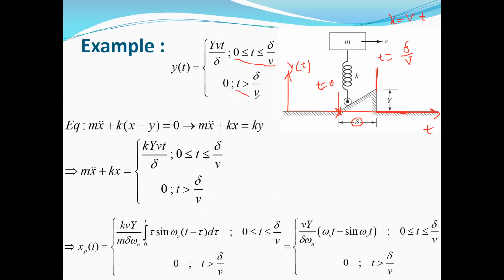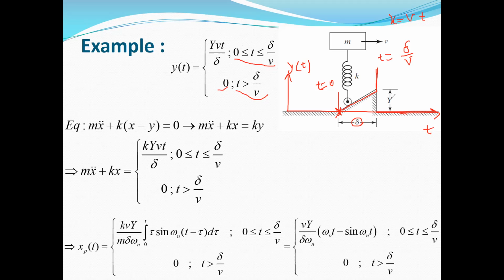So for t more than delta divided by v, y(t) is 0, but for t between 0 and delta divided by v, y(t) is equal to Y v t divided by delta, which is the equation for this line. You know, we have the slope of this line.